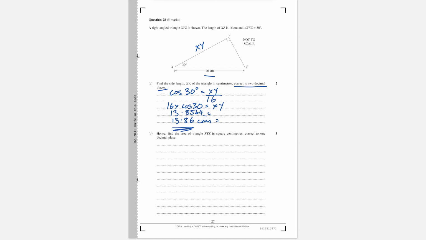Hence, find the area of the triangle XYZ in square centimeters correct to 1 decimal place. So I think we're going to use a bit of Pythagoras here. We need to figure out what this side is, YZ, and then we can use our area of a triangle formula.